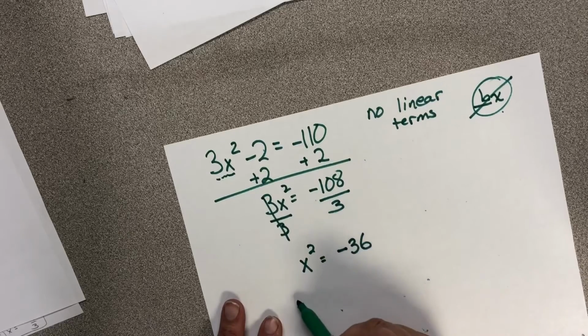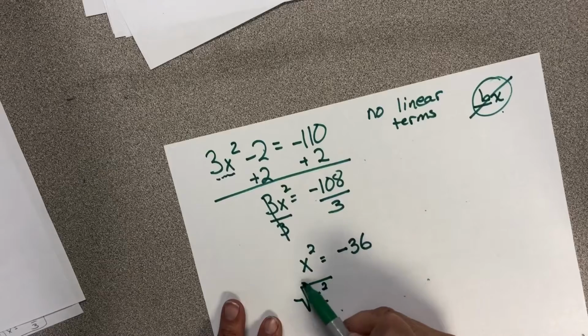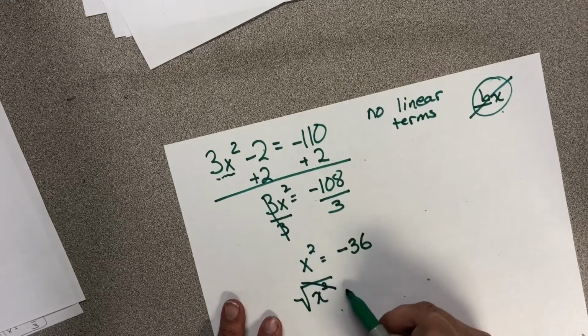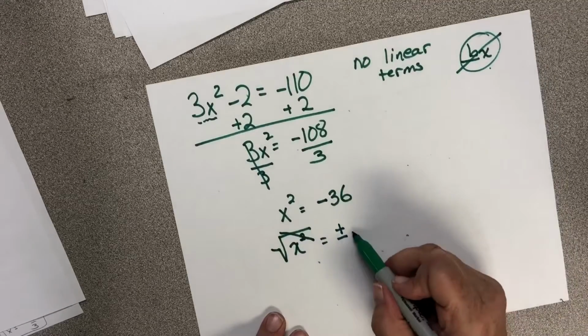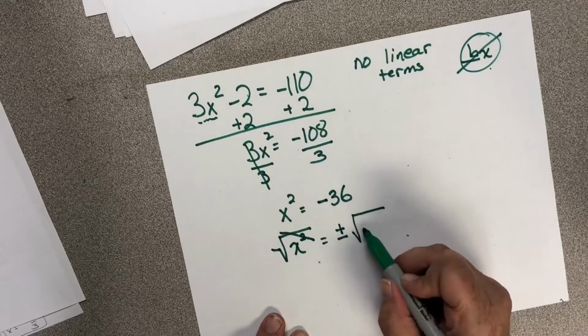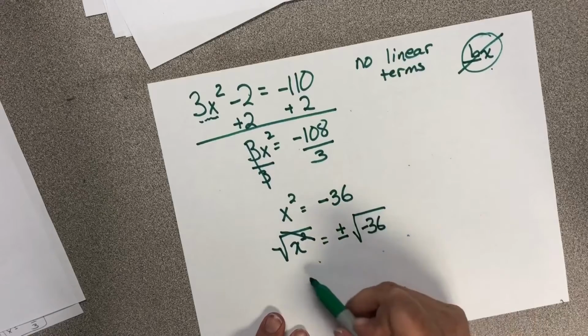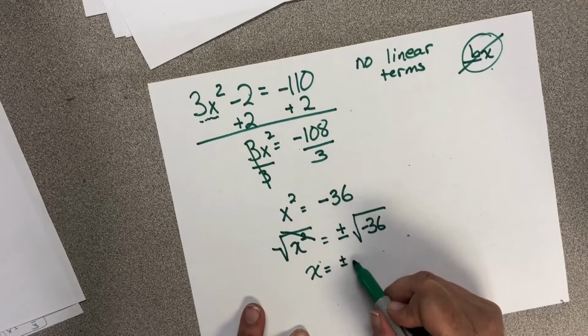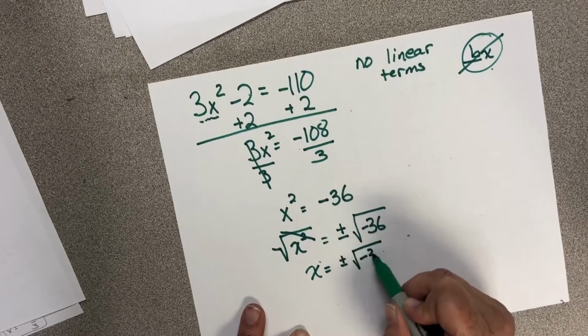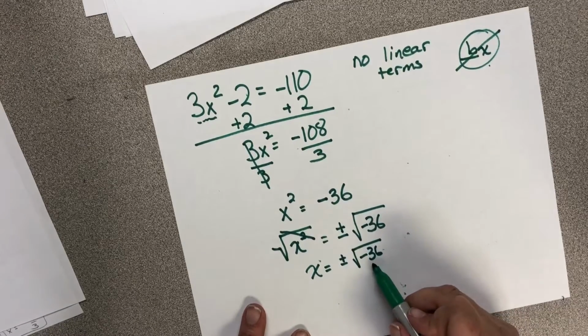So now I'm going to square root both sides because a square root is the inverse of squaring. And then I remember that rule that says if I square root a variable, I must also put a plus or minus on the other side. So x equals plus and minus square root of negative 36. What's the square root of negative 36?